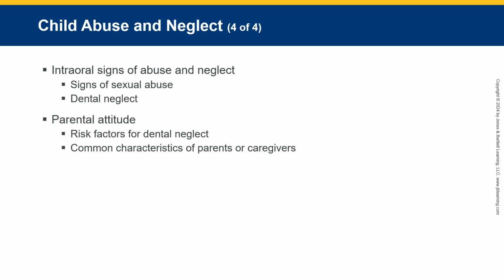But intraoral findings that suggest abuse include lacerations of the tongue or the buccal mucosa, lingual and labial frenum tears, discolored teeth due to pulpal necrosis, burns or lacerations to the gingiva or the tongue, teeth that are fractured, displaced, or non-vital, and radiographic images of fractures in different degrees of healing.